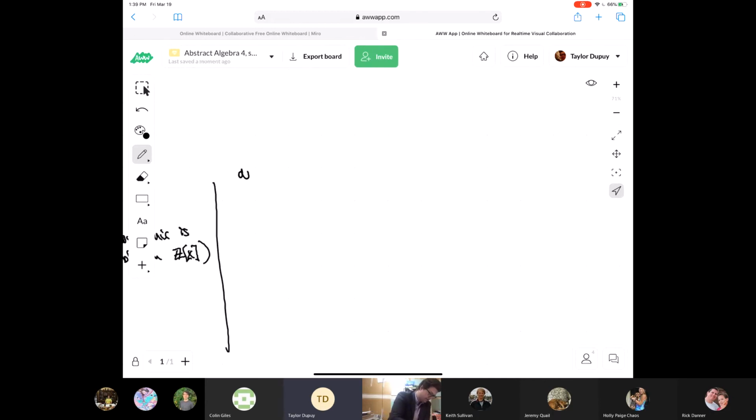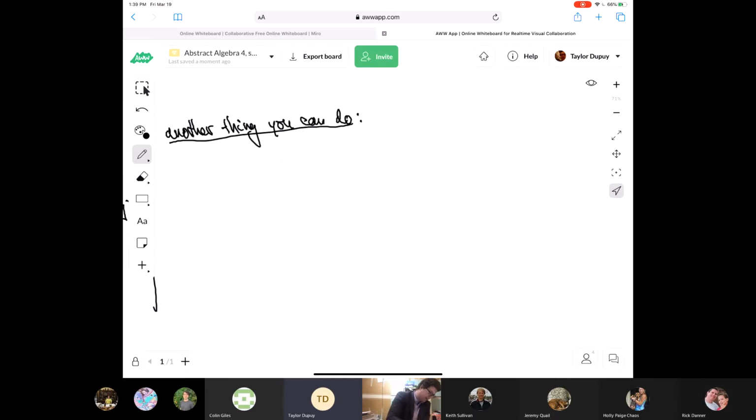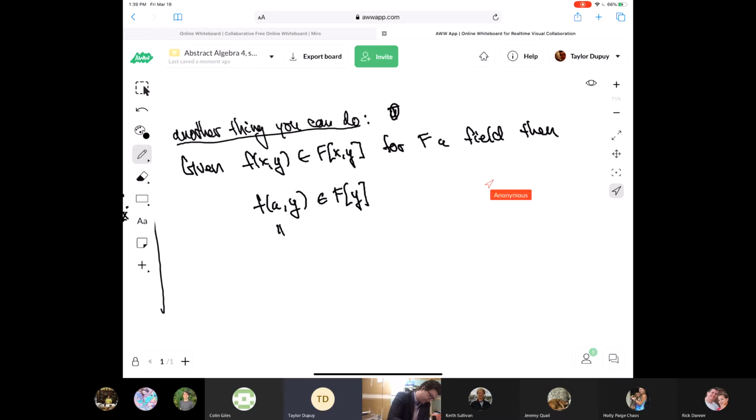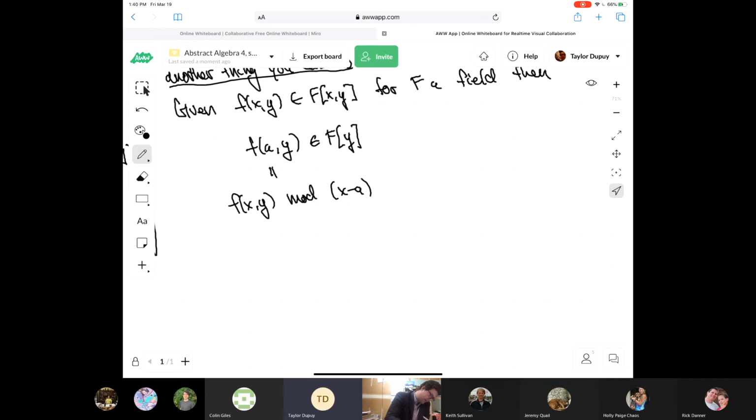Another thing you can do, back to the easy methods: given f(x,y) in, say, F[x,y] for F a field, consider f(a,y). This is a polynomial in F[y], but it is also F[x,y] mod the ideal (x minus a), and this is a prime ideal.